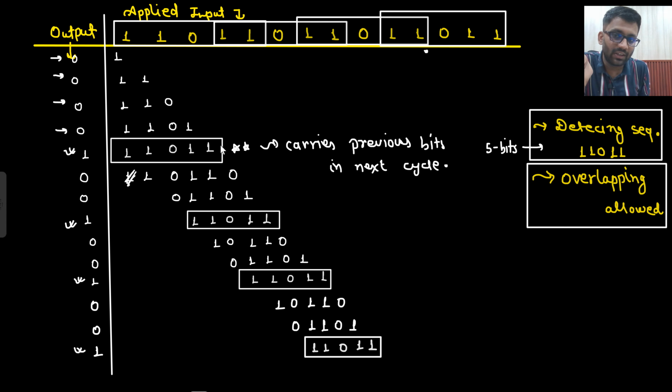It will carry the previous bits, and in the next cycle we get to know that this double 1 has been used. So previous bits can also be used even after detecting the sequence in case of overlapping allowed.